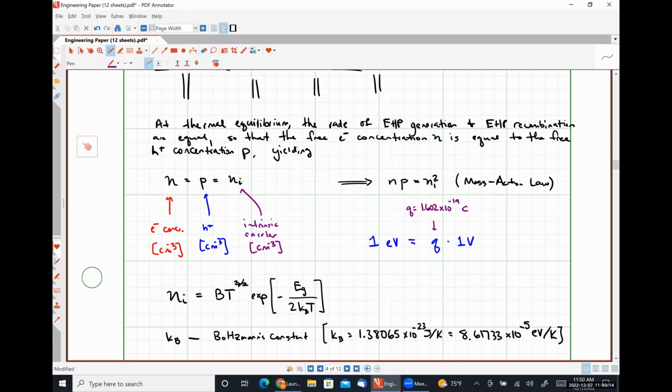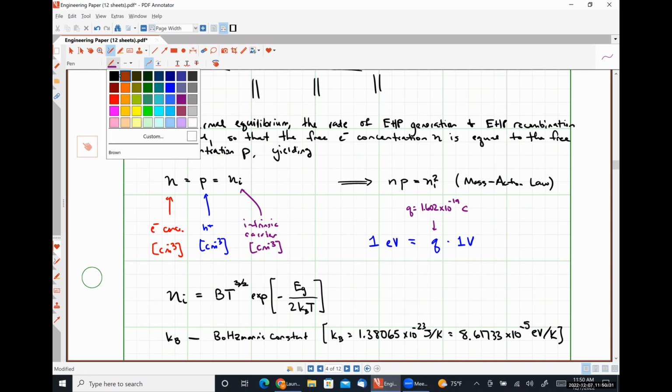So they are the same thing, effectively. I'm just converting between joules and electron volts by using that conversion factor of 1.602 times 10 to the negative 19.